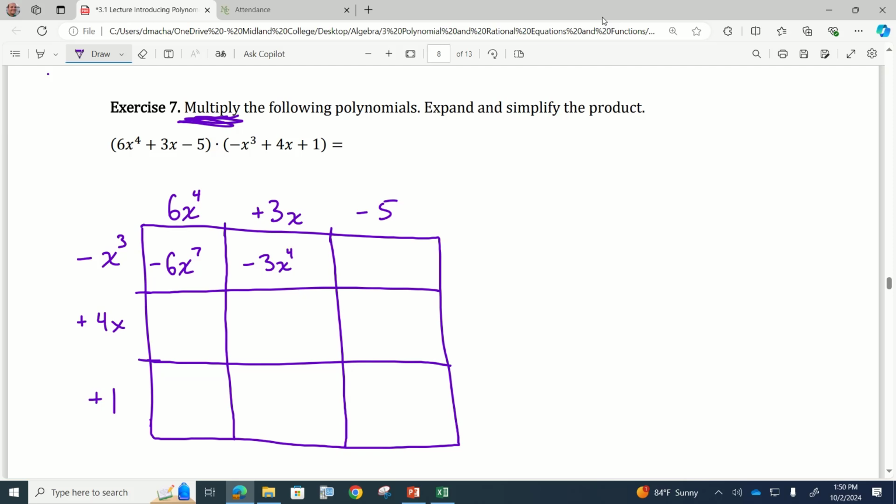Negative 5 times negative x cubed is going to be plus 5x cubed. 6x to the 4th times 4x is going to be 24x to the 5th power.